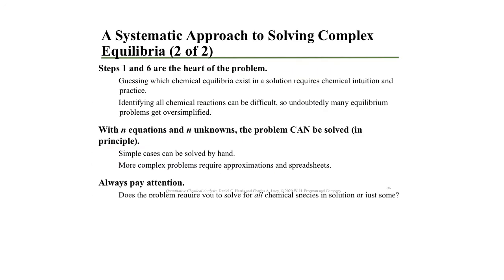So you have to get used to this idea that you're going to have to figure out what chemical equilibria exist. The most common one that gets lost is water. And then identifying the reactions, so you may miss a couple, right? And then if you've got n equations and n unknowns, it can be solved.